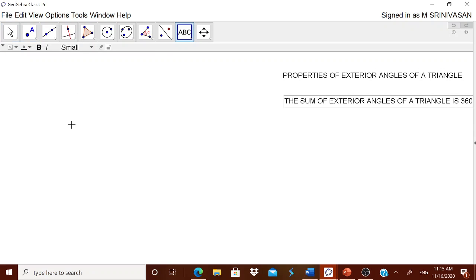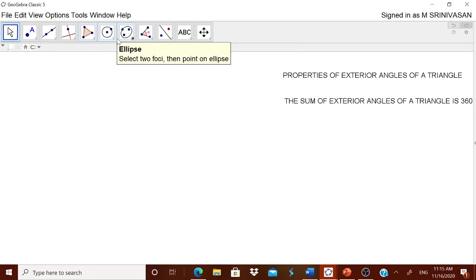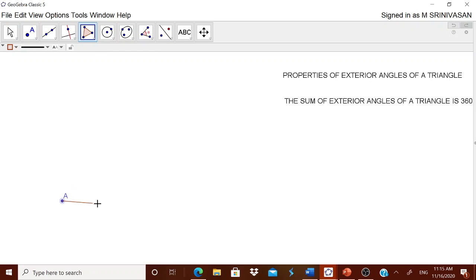Now let me press escape, go to this polygon, draw a triangle A, B, C, and come back to A. Now you can move it and make it a little more comfortable for you. Now you want to give the external angles.